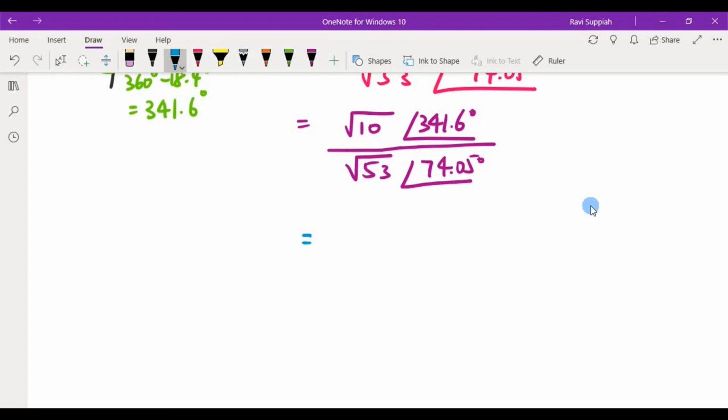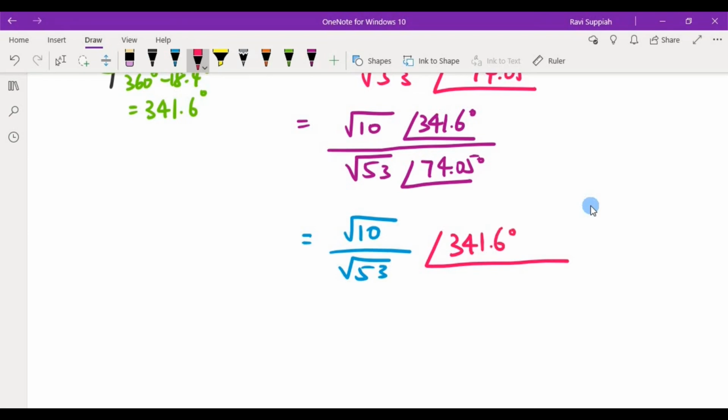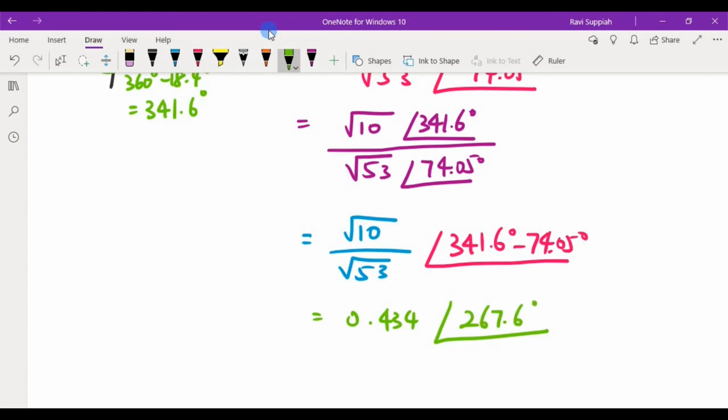Two complex numbers divided by each other, and they are both in their polar form, which means the r values you divide them, and the angles you subtract them. 341.6 minus 74.05 here, and you get 0.434 angle 267.6 degrees here.